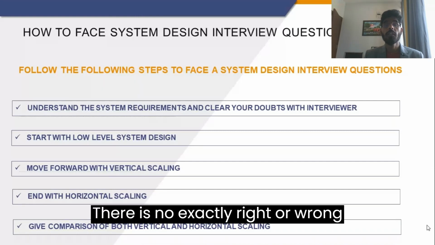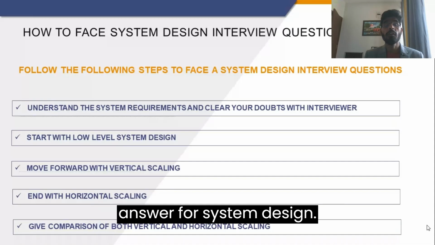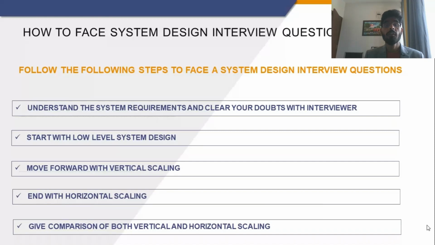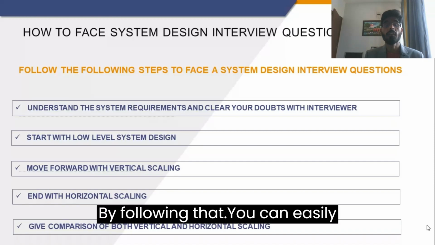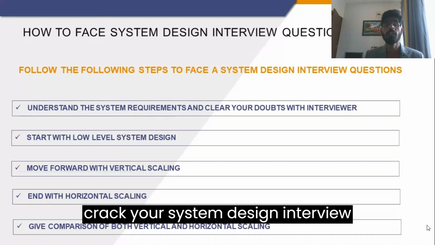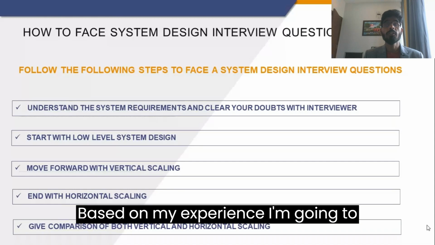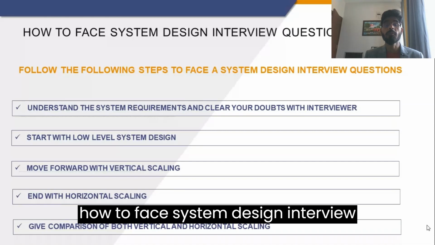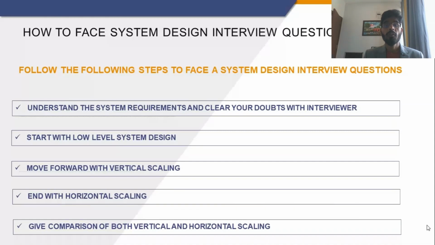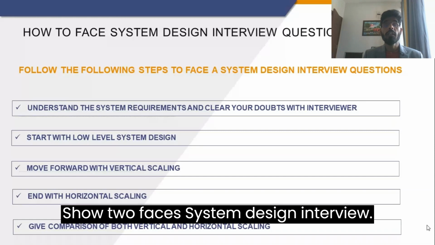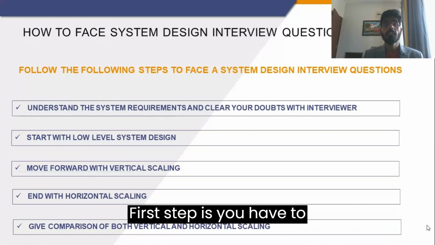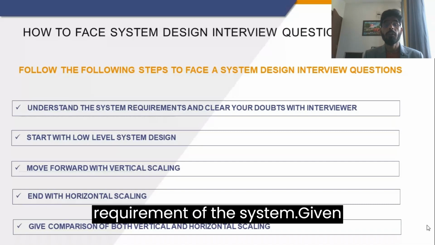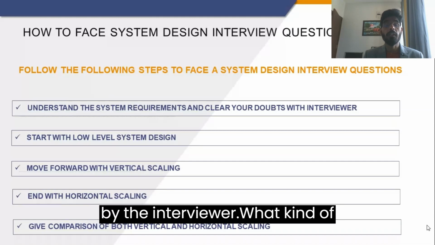There is no exactly right or wrong answer for system design, but there are certain steps by following which you can easily crack your system design interviews. So, to face a system design interview, the first step is to understand the requirements of the system given by the interviewer.